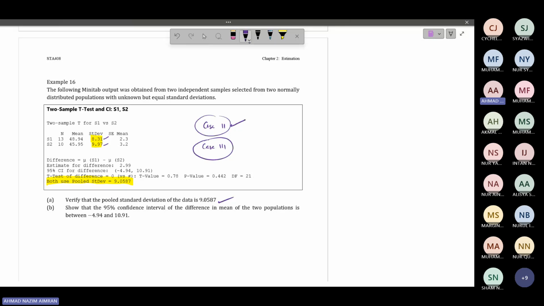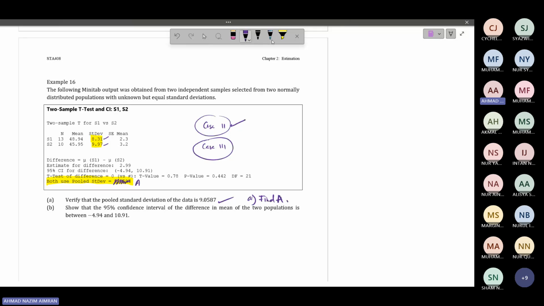Kalau soalan tu dia kurang baik sikit, dia akan letak A ke contohnya kat sini, and then the question will ask you, find A. So you tak tahu nanti whether your answer is correct or wrong, because soalan minta find A sahaja.